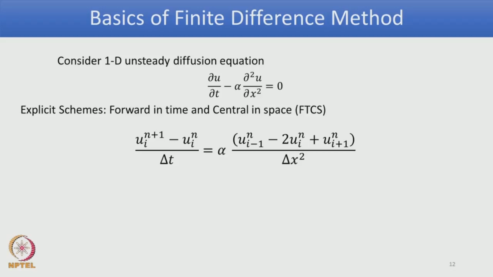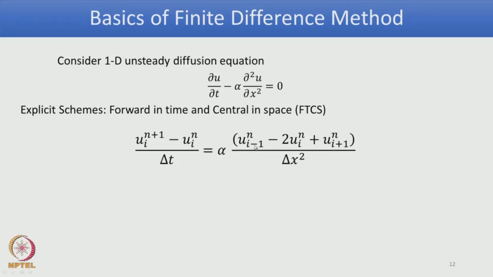All the time quantities on the right hand side are already known, that is why you have u of i minus 1, n as a superscript. Similarly, 2 u of i, n and u of i plus 1, n. All these values of u are determined from the nth level in time, which you have already determined before, hence the time level is explicit.